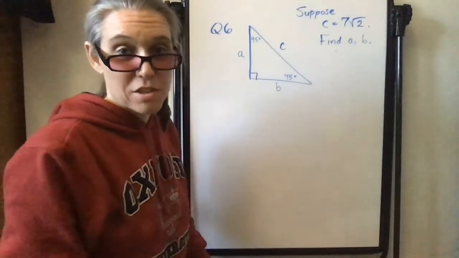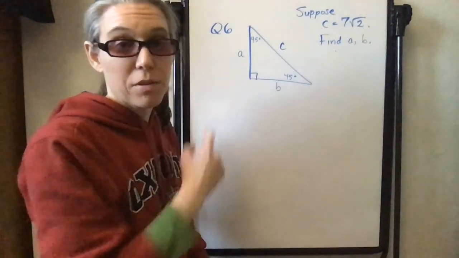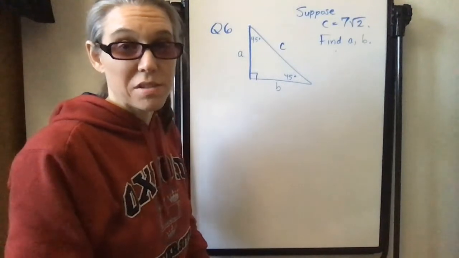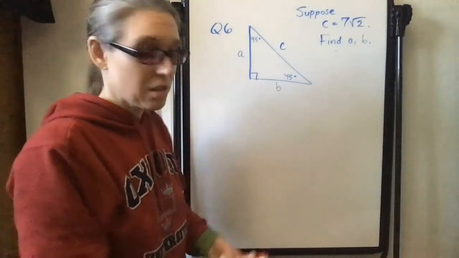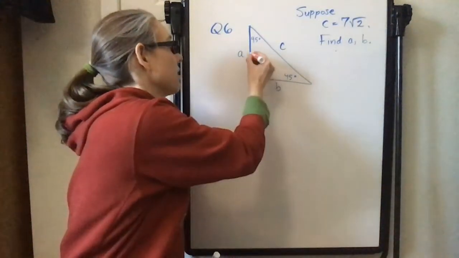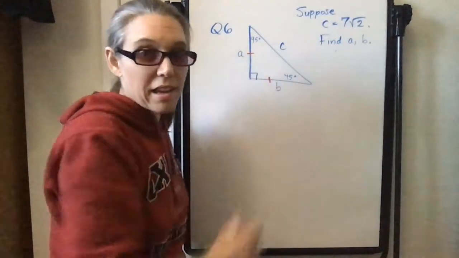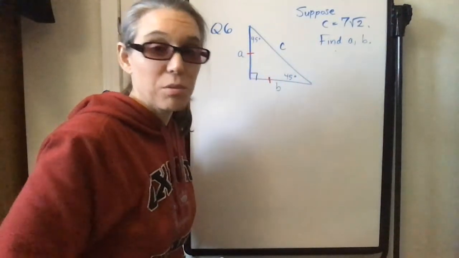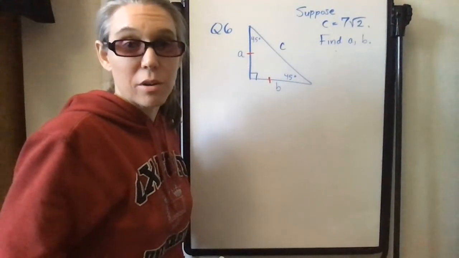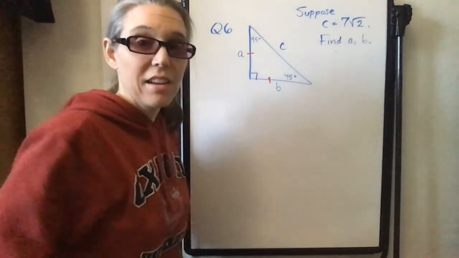Well, the first observation you can make is that a 45-45-90 triangle is always going to be an isosceles triangle. That means that this side and this side, the two legs, are congruent. So once we find A, we have B. Or if we find B, we have A.